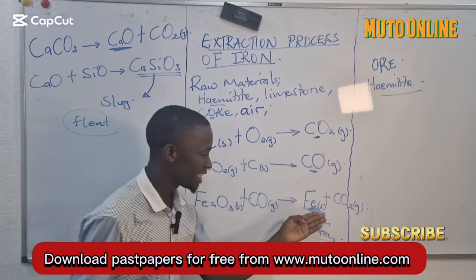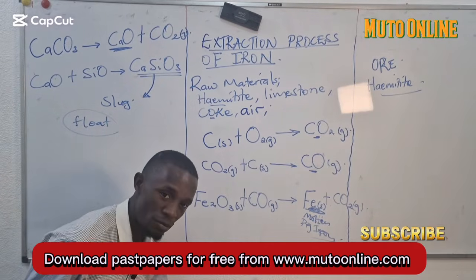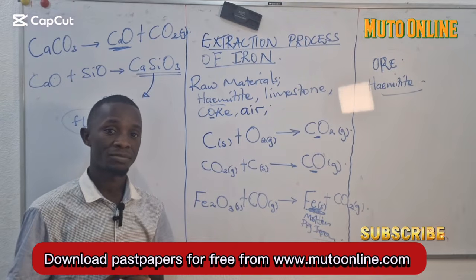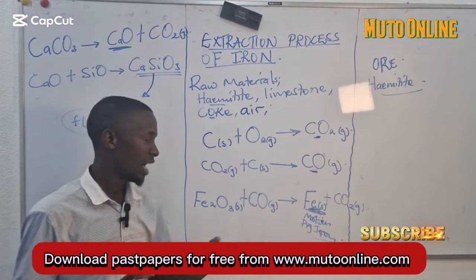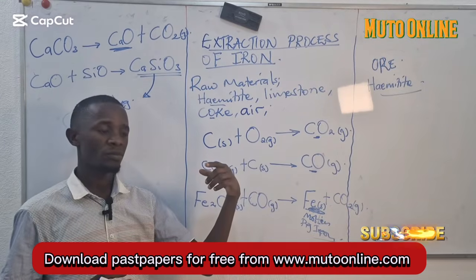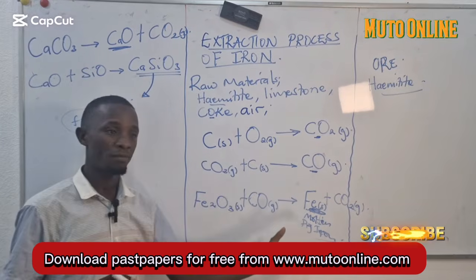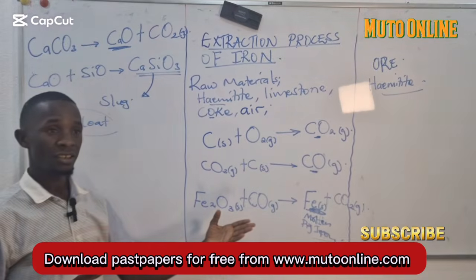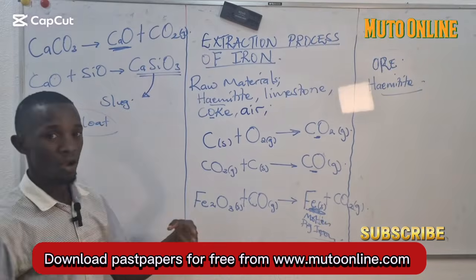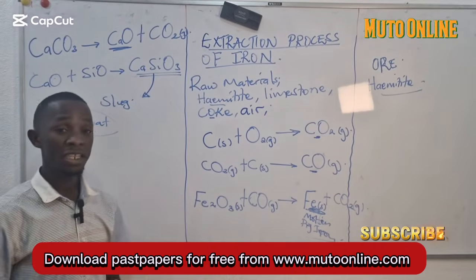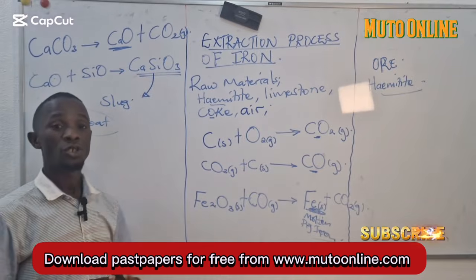The formed iron is then tapped off from the bottom of the furnace, and it is passed over or put in the molds, where it is passed over very cold water or air to solidify, and it will be ready for use.